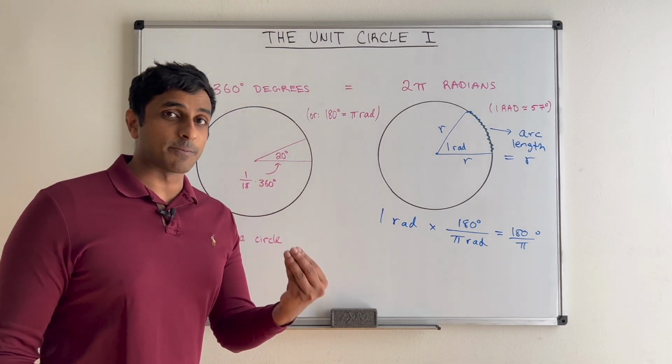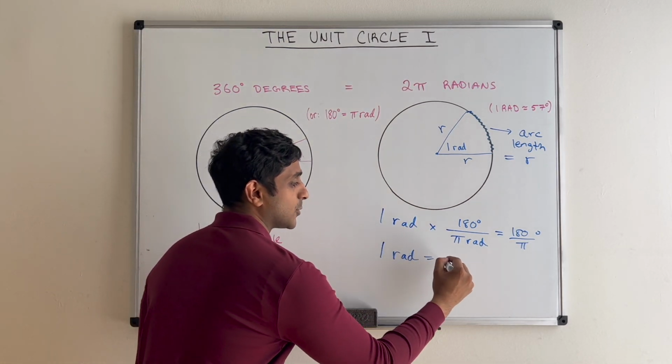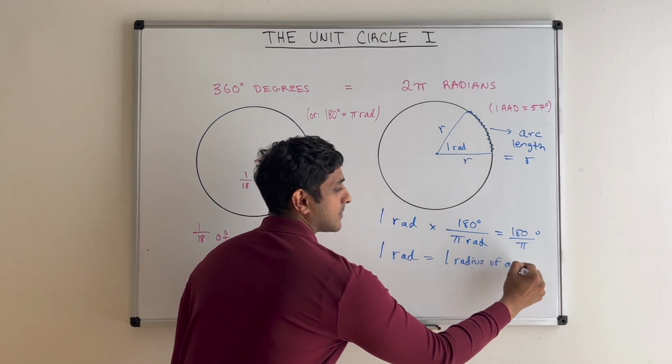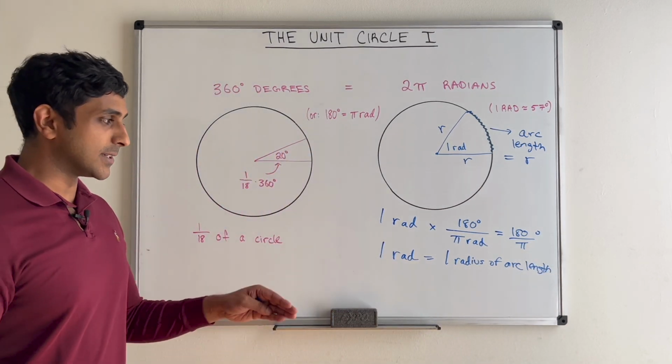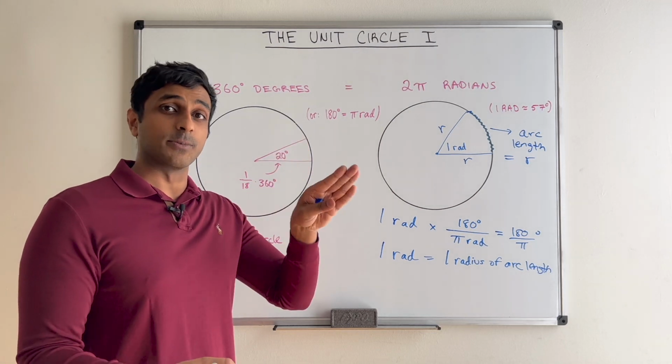Now that's a very special fact. So that means 1 radian is equal to 1 radius of arc length. That's why it's called a radian, because it's basically measuring how many radiuses you're moving in terms of arc length.